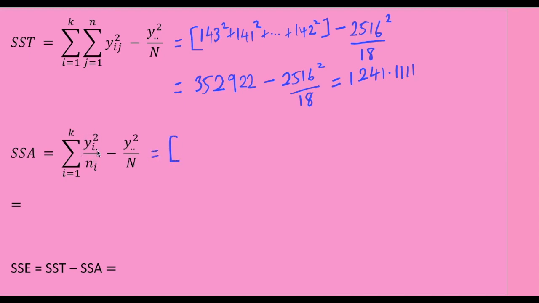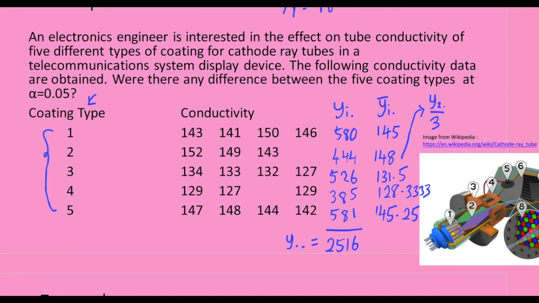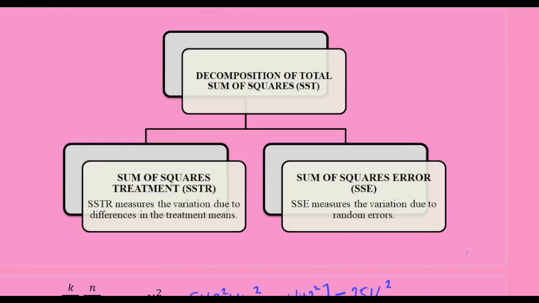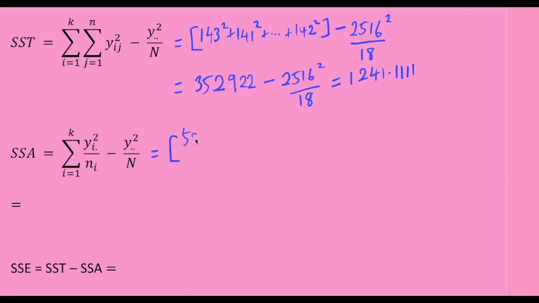Next is the SSA. So you square the values of yi dot, as given here, 580 up to 581. But class, look, this formula is a bit different than when the sample sizes are equal. The formula here is yi dot square divided by ni. The number of observations is different for each treatment, and we need to take this into consideration.